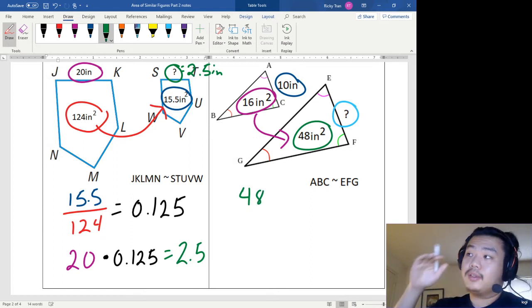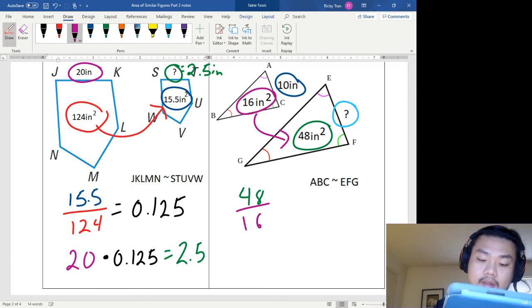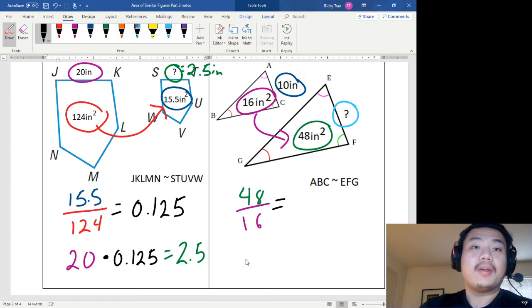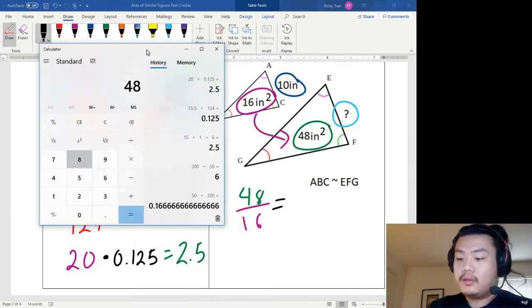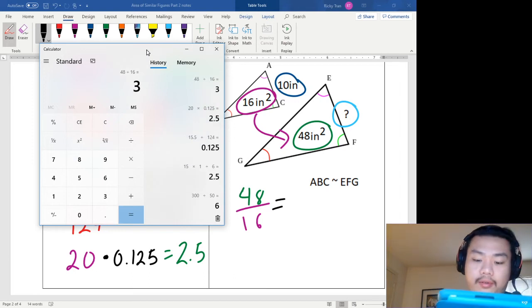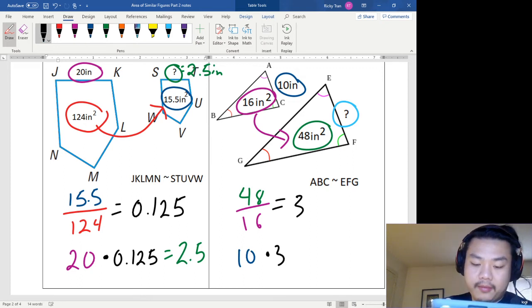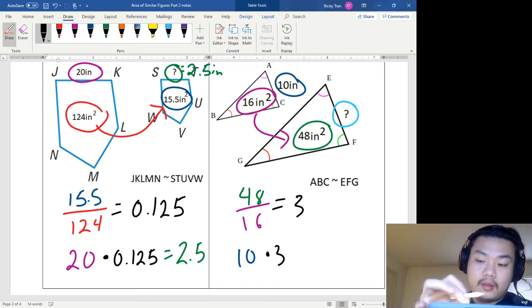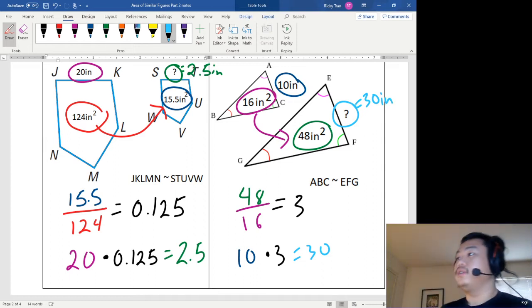Small to big means our scale factor is going to be greater than 1. Okay, 16 at the bottom. So we have 48 divided by 16, or 3. So we're just going to take 10 and multiply by 3, and that will give us 30. So this is just equal to 30 inches.